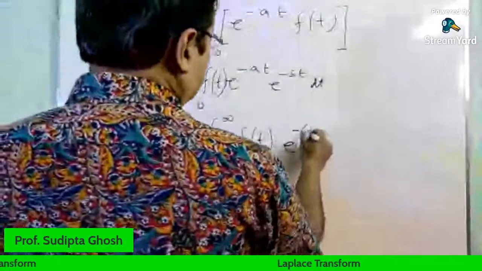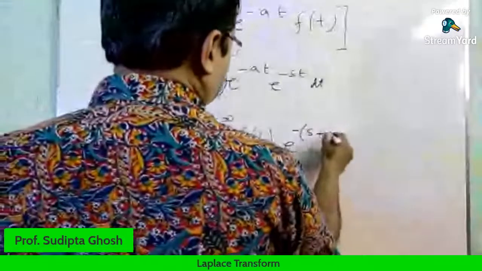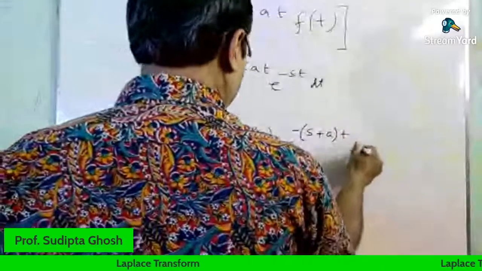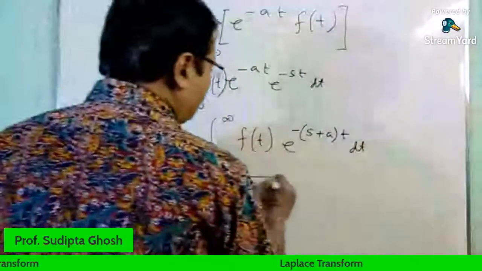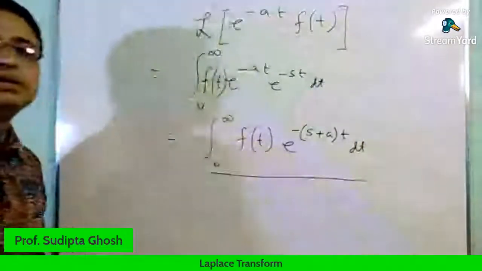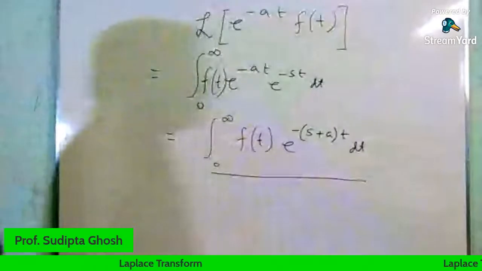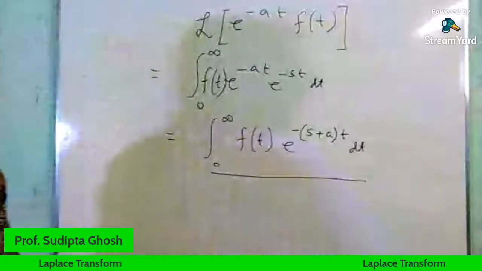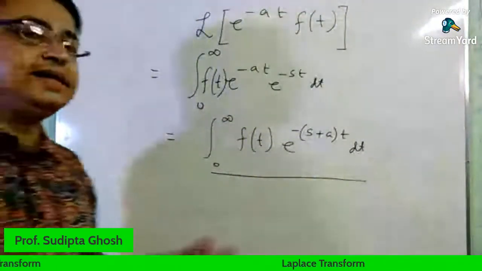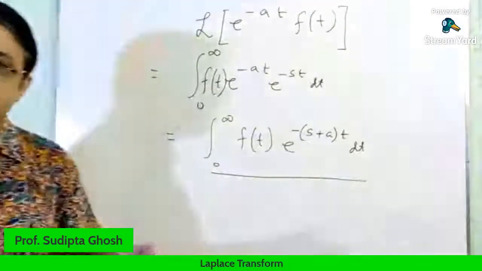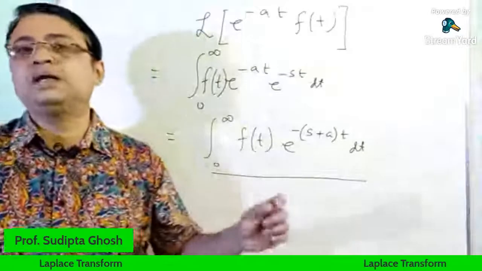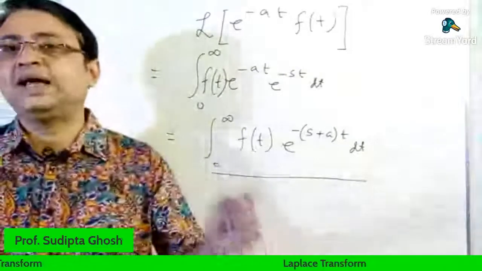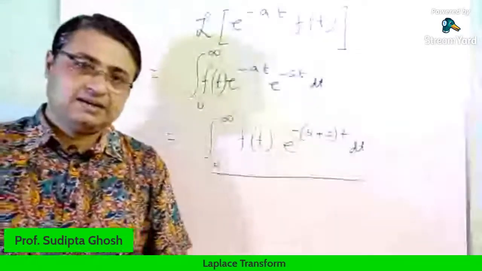That is, it should be written as e to the power minus s plus a t dt. Now, if you check this integral, it is integral 0 to infinity f of t e to the power minus of s plus a t dt.